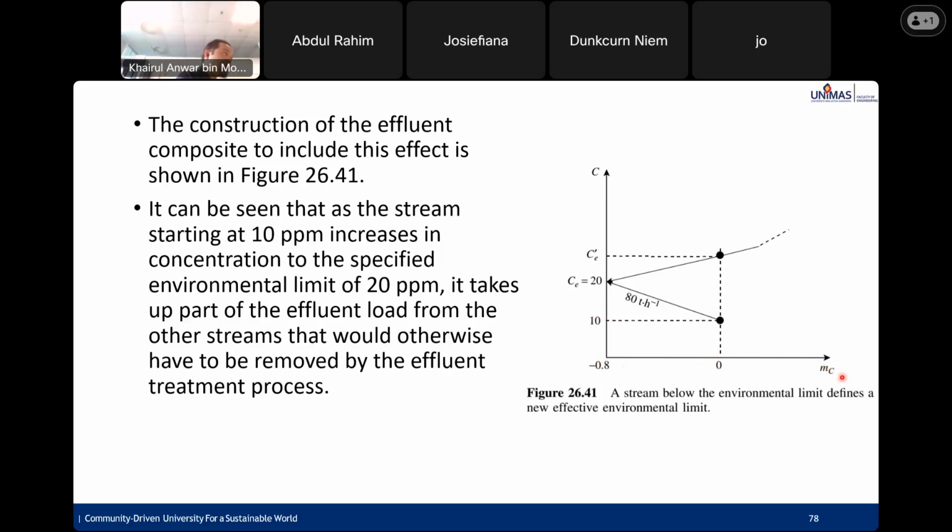Normally MC is in kilogram per hour, so no need to multiply by 1000. We can see that the stream starting at 10 ppm increases in concentration to the specified environmental limit of 20 ppm. It takes a part of the effluent load from the other streams that would otherwise have to be removed by the effluent treatment process.